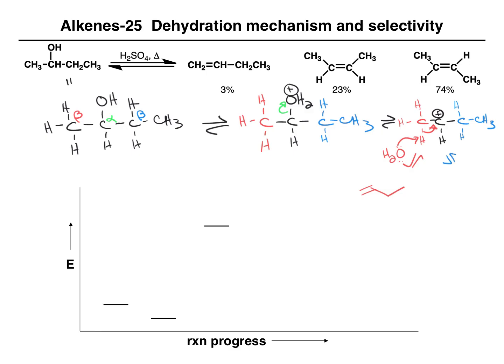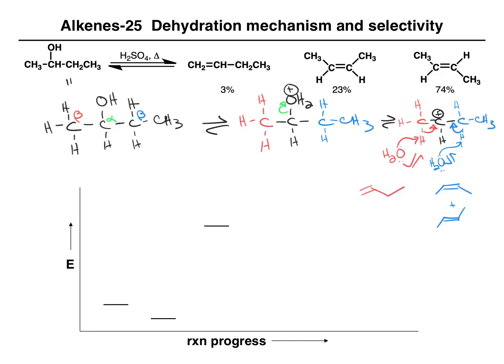On the other hand, if water grabs off a proton from the blue group, these electrons will fold in here, and that gives us the alkene between carbons 2 and 3. So keep in mind, this will still give a mixture of cis and trans.